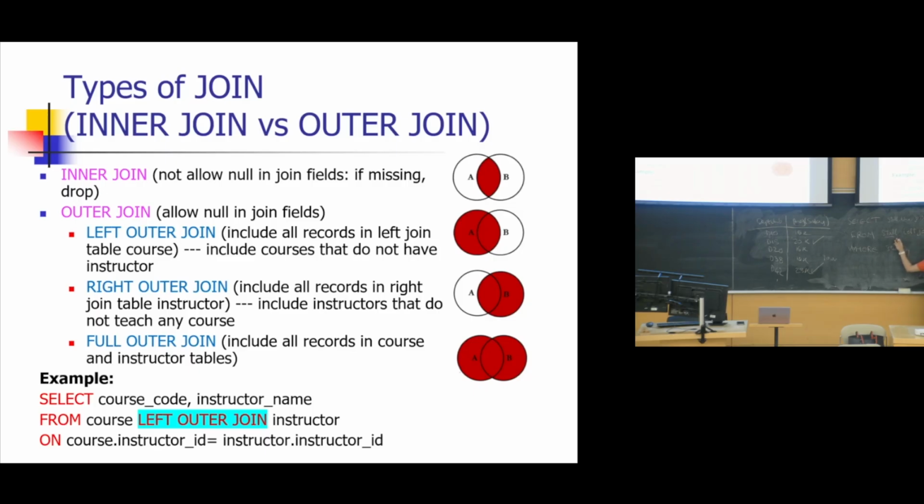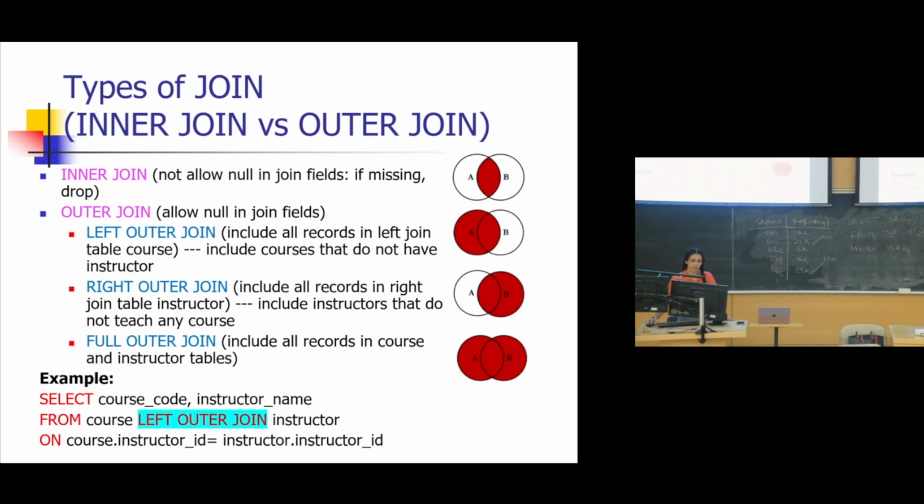Staff. So it returns everything from the staff and the ones that are common from the right table, which is this one. Okay. If I write right join here, then it selects everything from the organization, which is the right table, and only the common ones from the left table.